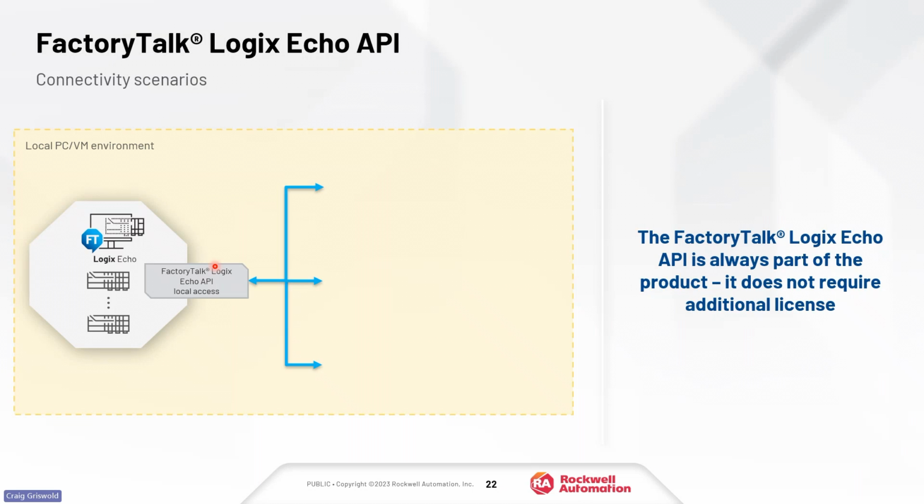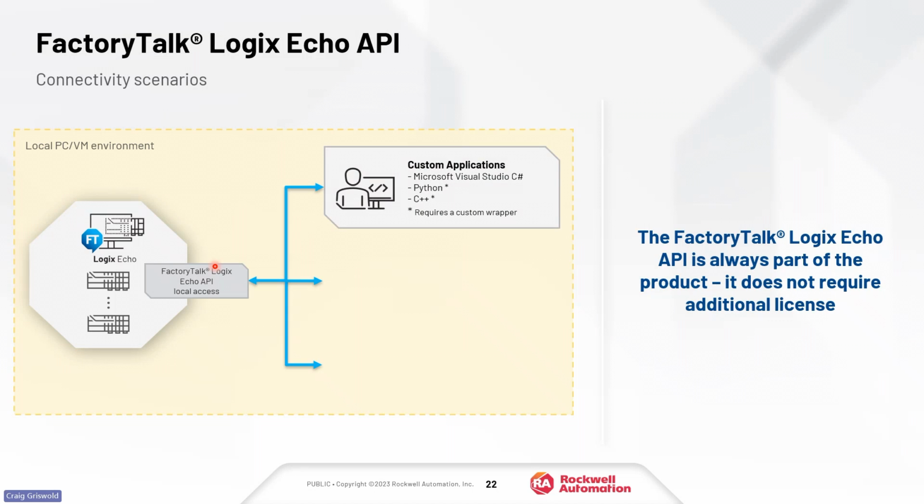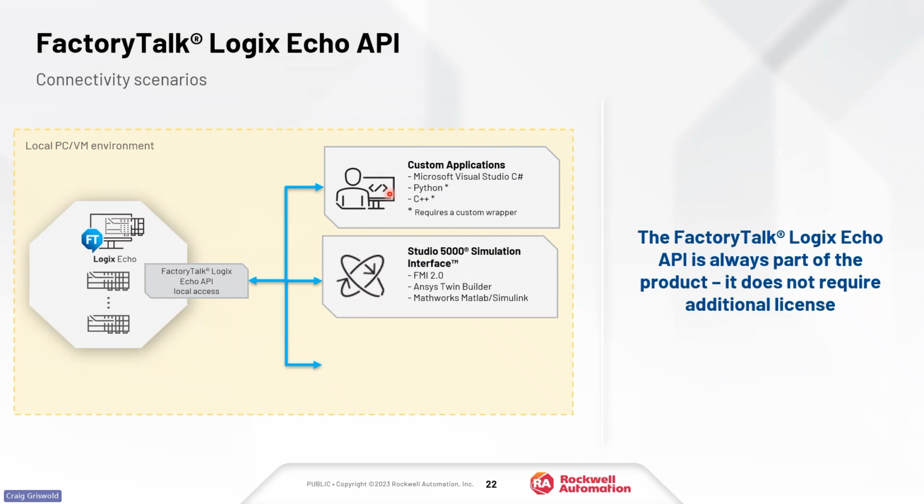So, some connectivity that you would use the API for. If a customer has their own custom application, you can use C# or C++ to allow Echo and the custom application to communicate with each other using the API.